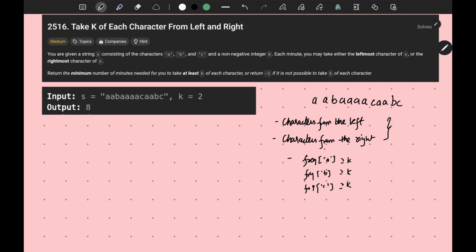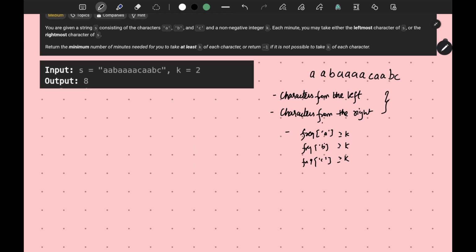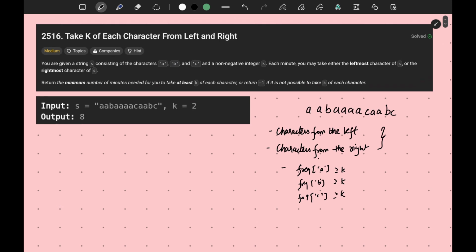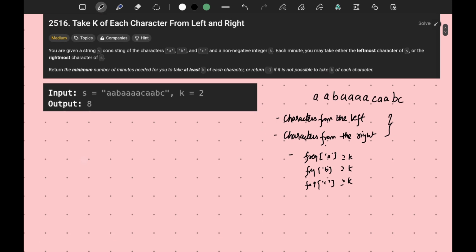Okay, so now how can we approach this problem, or how can we think towards developing an algorithm which would give us the solution for this problem? So why don't we do one thing? We need to take characters from left or right.